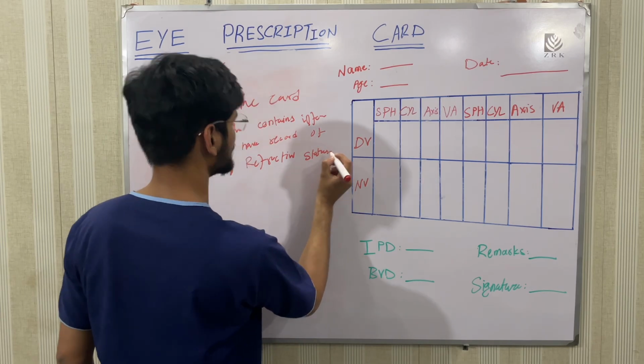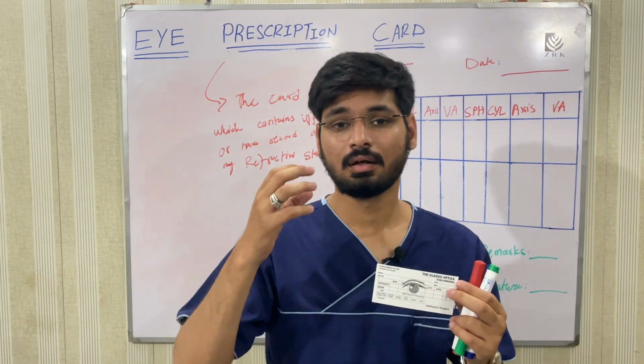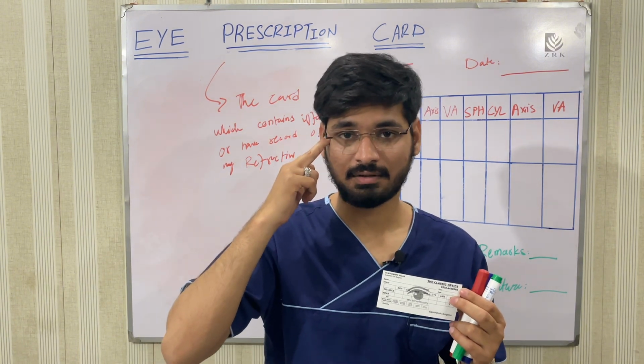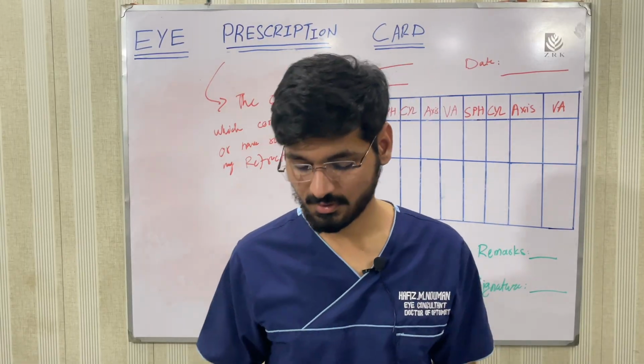In simple way, what does it mean? It means that the card which contains or has information about my refractive status, has a record about my refractive status. That card is called eye prescription card.